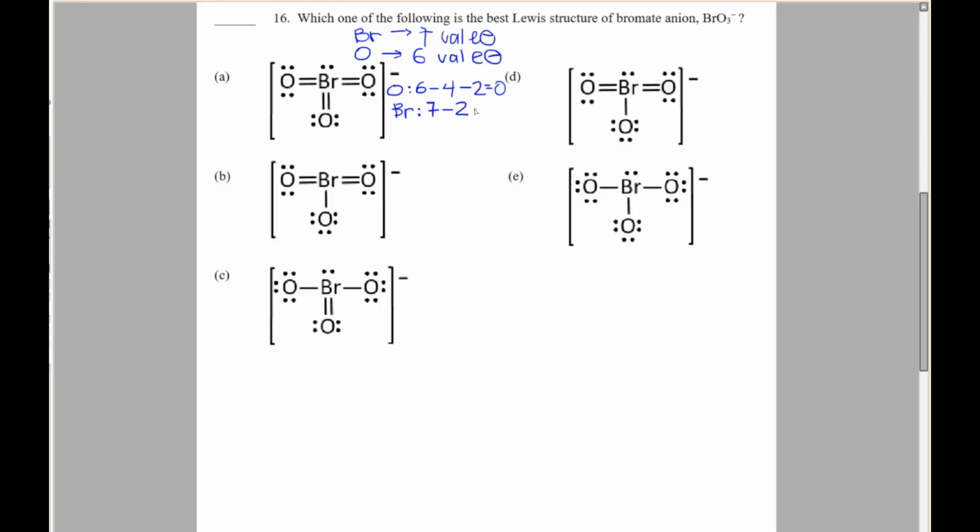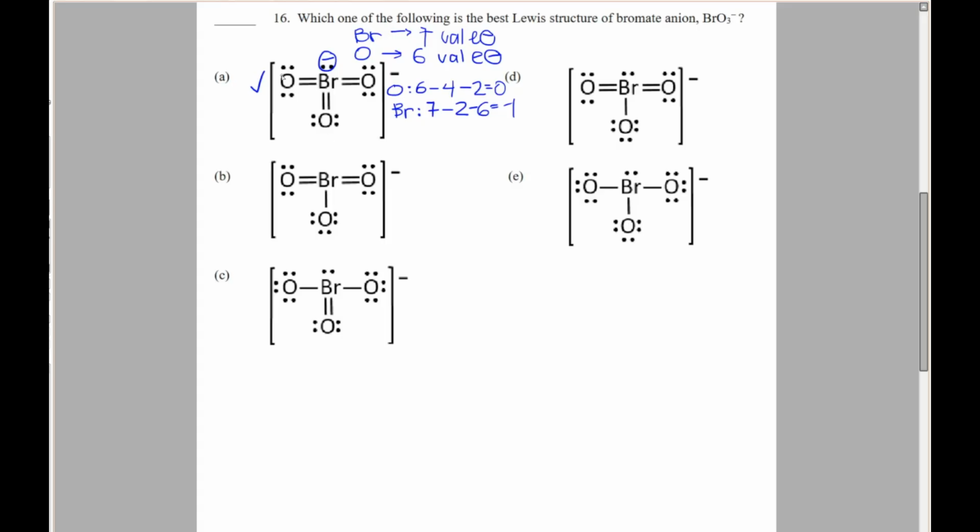So, 6 bonds. So there's 7 minus 2 minus 6. 7 minus 2 is 5. 5 minus 6 is -1. And this means that our overall charge is -1. So that does check out. So A is still a possible Lewis structure for now.